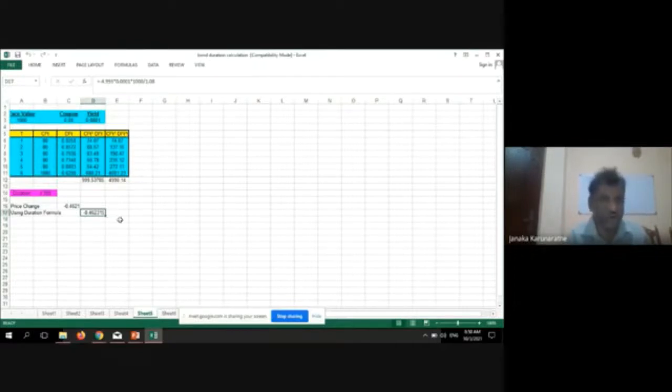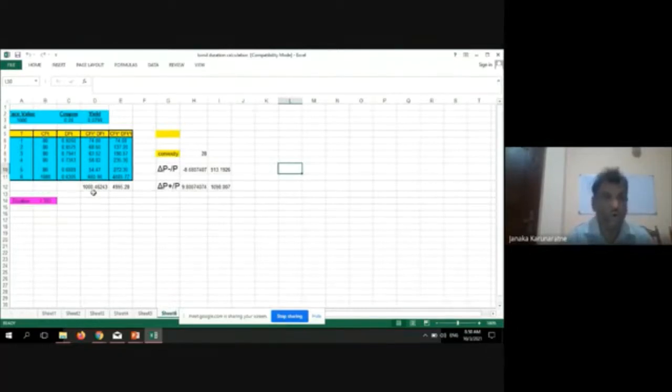So you don't have to work out again when you use the formula for either an increase or decrease by the same amount, only the sign is different. If it is a decrease in yield, it's a positive value, but if it is an increase, it's a negative value. So it's exactly the same, no change at all. So that is the difference.